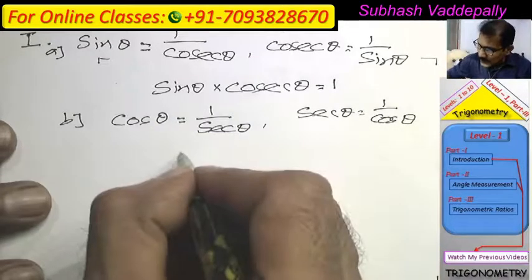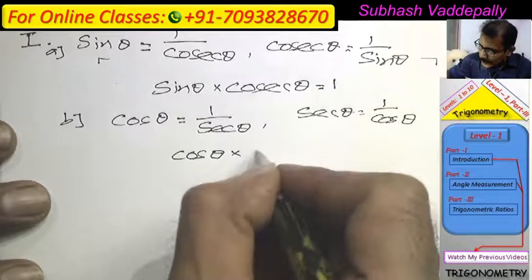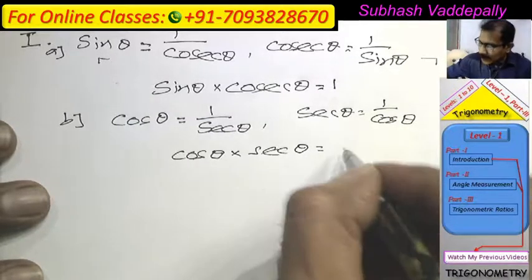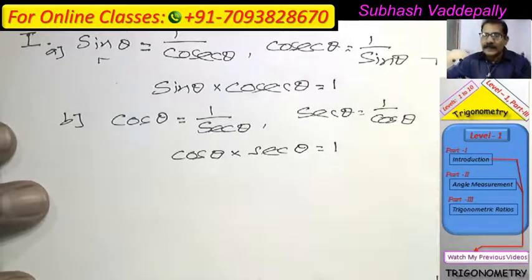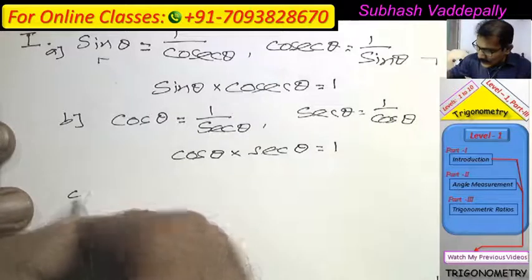So from this, cos theta into secant theta is equal to 1. Trigonometry is especially based on formulae; unless you hold the formulae very well, you cannot solve the questions properly.